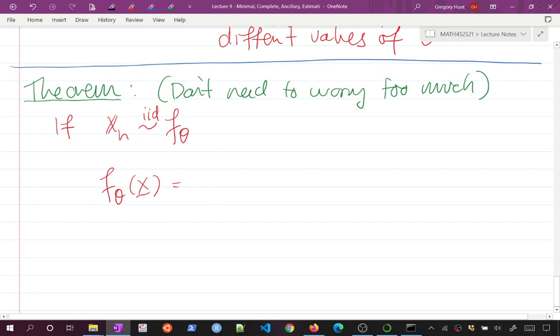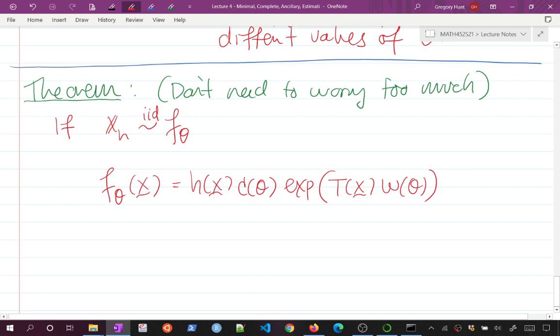It's some h of x, some c of theta, exponential of t of x times w of theta.